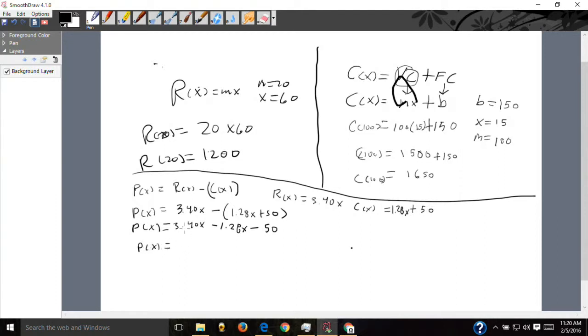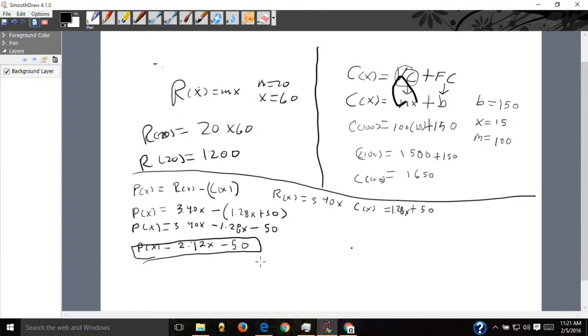Therefore, this becomes $3.40 minus $1.28 is $2.32. I'm sorry, it's not right. Let's go ahead and erase that. My bad, guys. It's actually $2.12. I know what I was thinking. Minus 50. Okay? So this is my profit function right here.